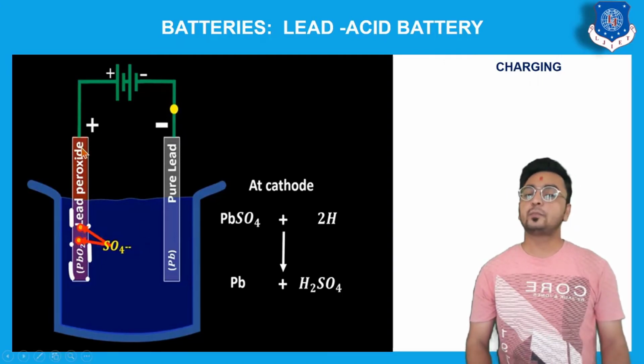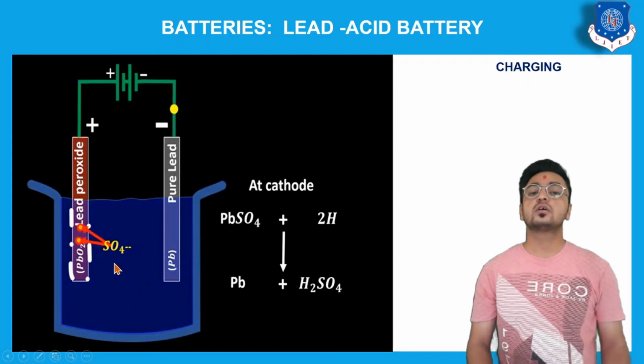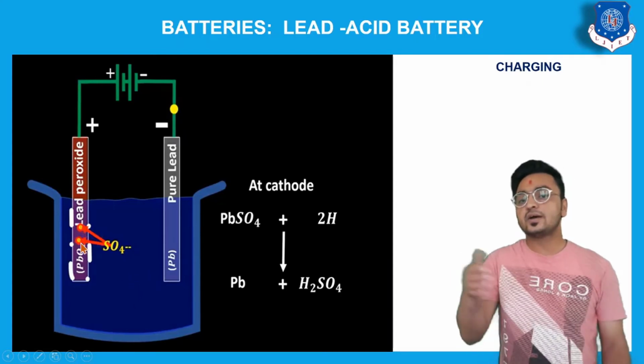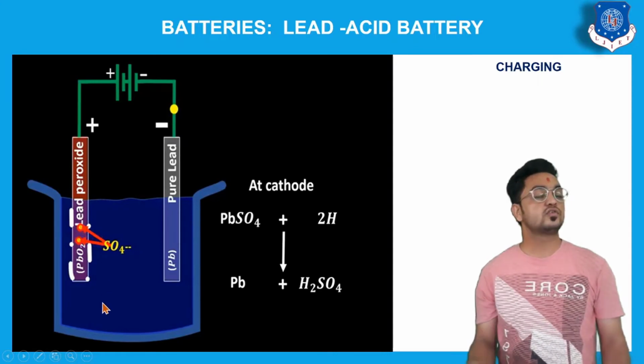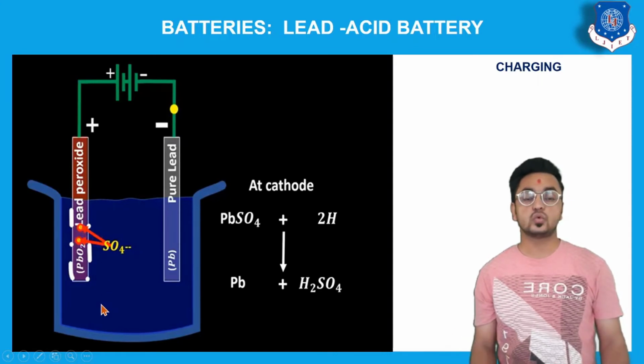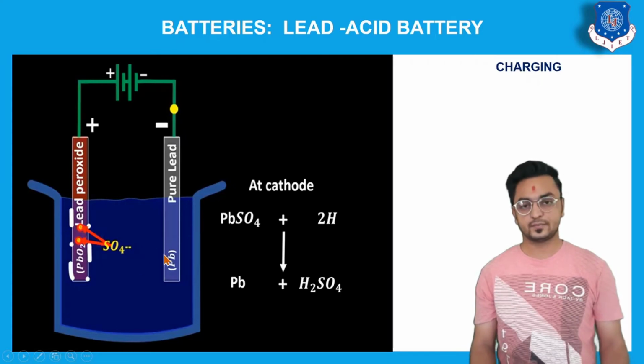As this plate is positively charged by the battery, the negative SO4 minus ion will come near this plate, and the positive hydrogen ion will come near the other one.